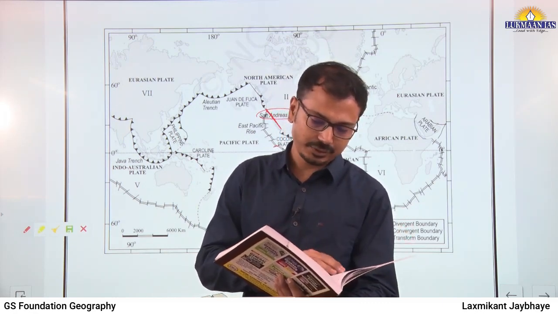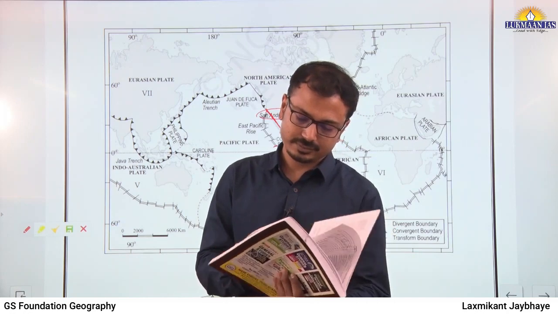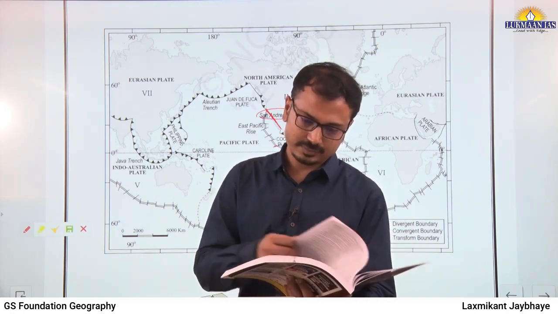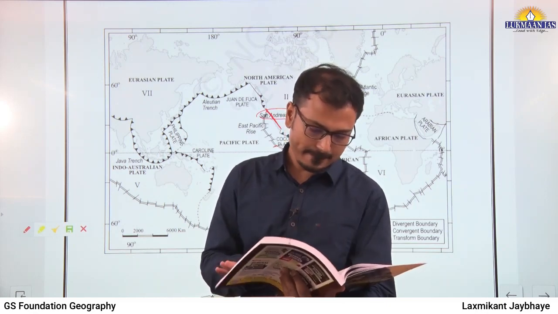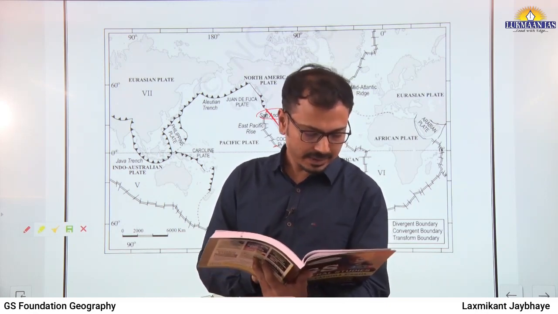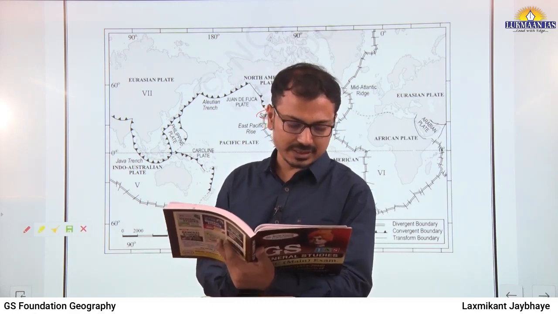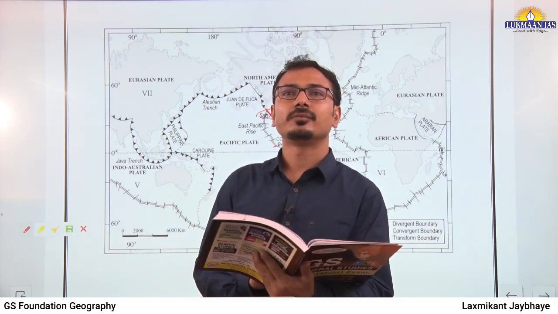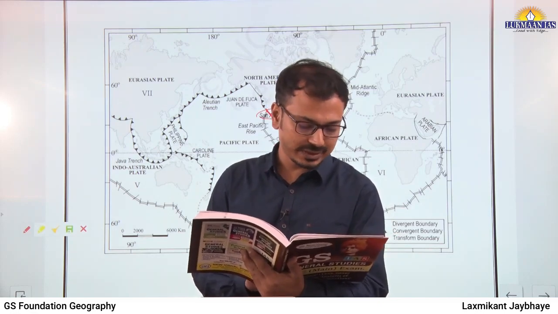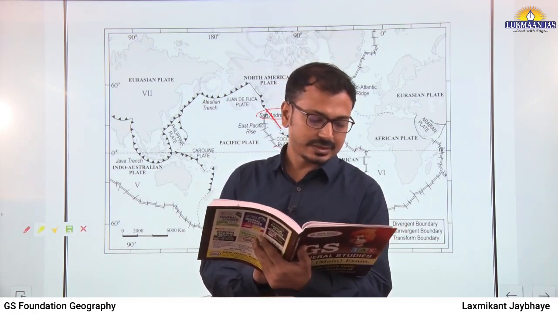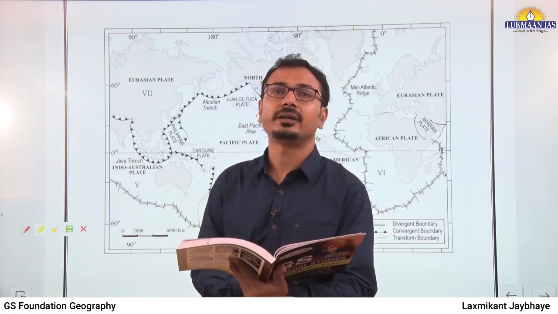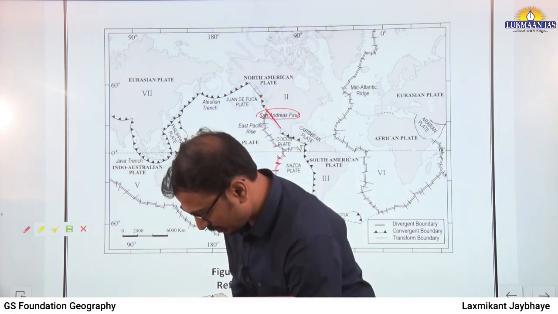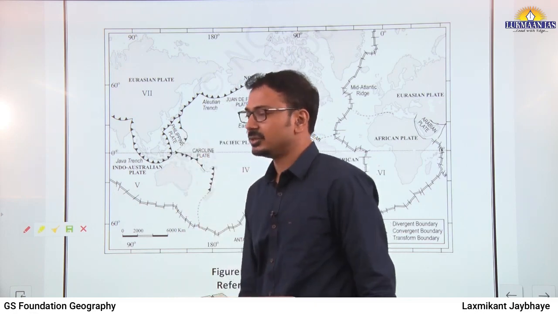Let me read the question to you: discuss the geophysical characteristics of the circum-Pacific zone. 10 marks. So you should be aware what kind of questions are being asked from physical geography.